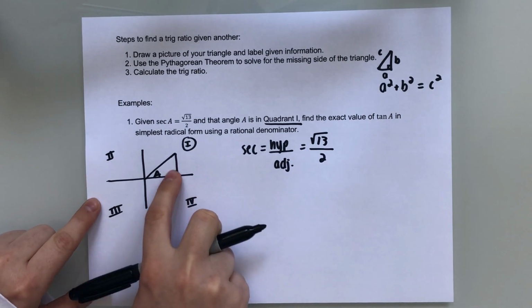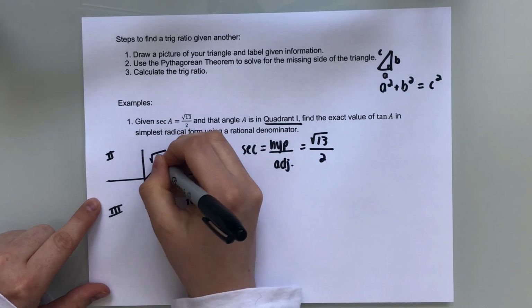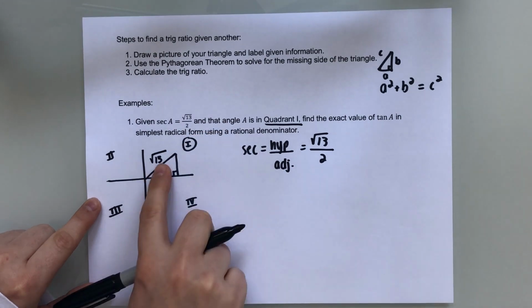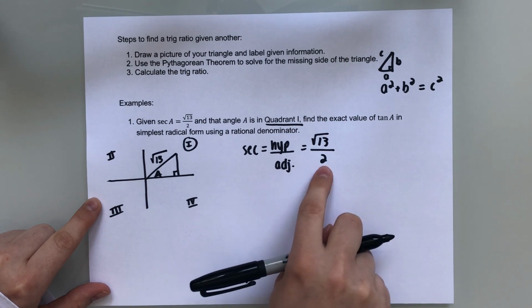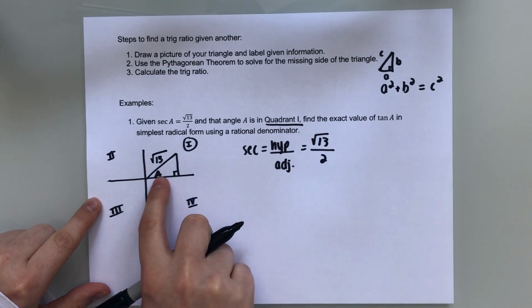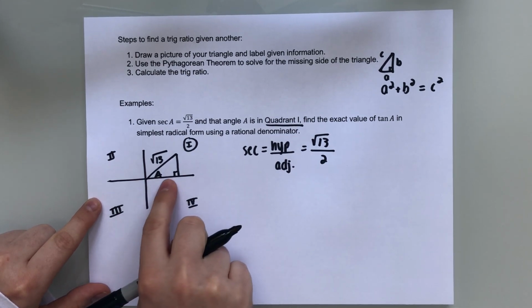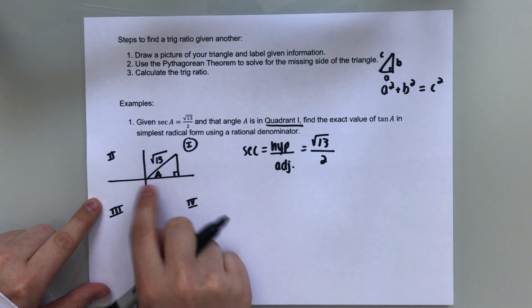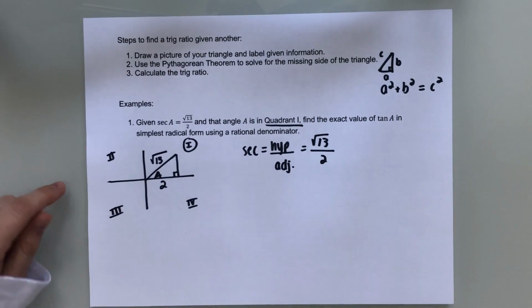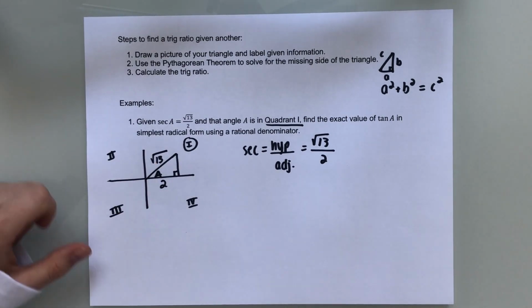Hypotenuse is always right across from our right angle, so this hypotenuse here is square root 13. The other piece of information we have is that the adjacent side to angle A is 2. So this is our angle A. This is our adjacent side because this side over here is directly across from it. That's the opposite, so this is the adjacent. So we have 2 sides of our triangle here.